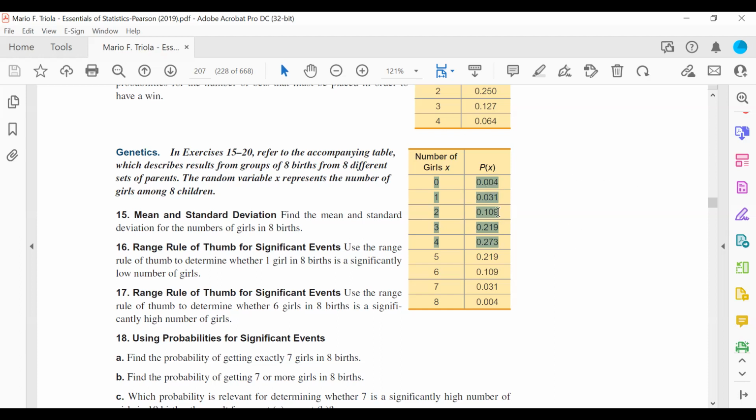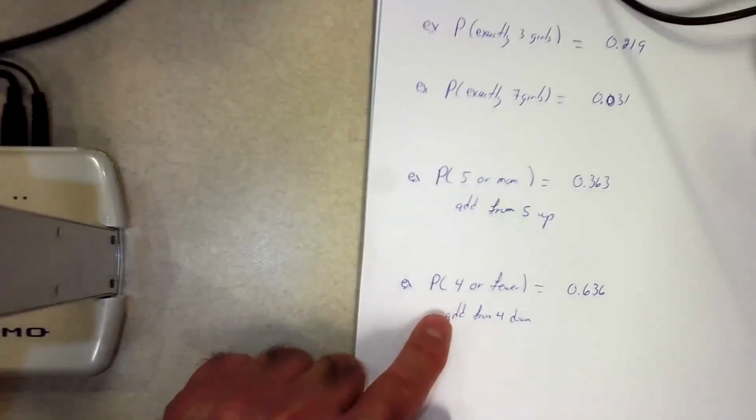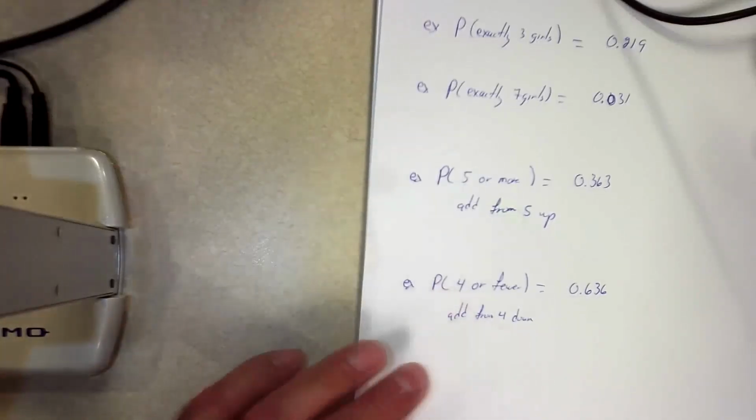These blue values on the right, I'm adding them because it says 4 or fewer. That's what that says.